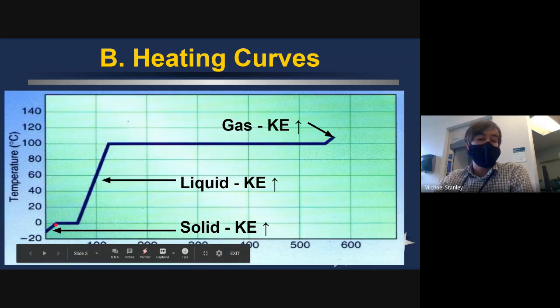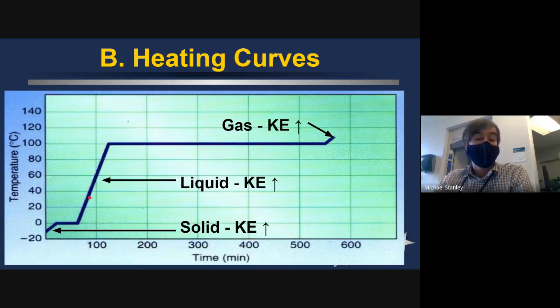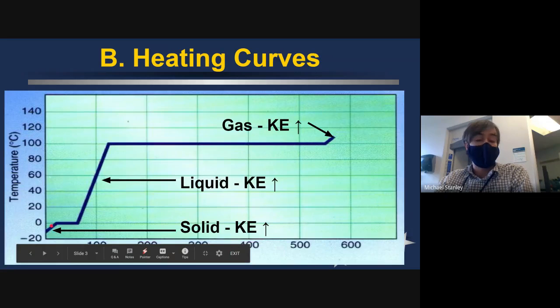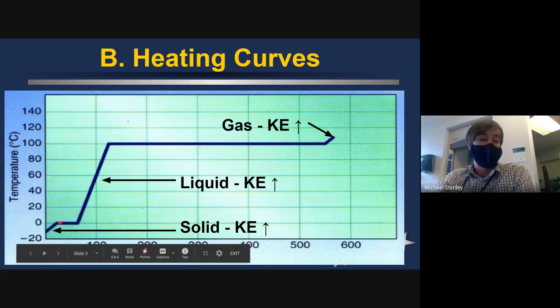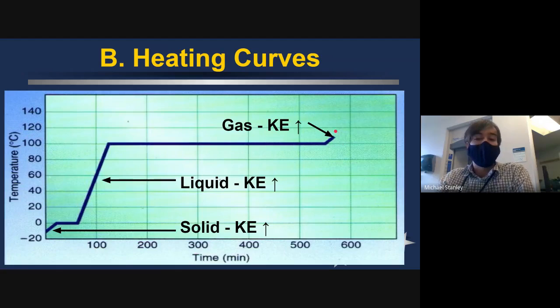So when we have these areas of the heating curve where the temperature is going up, it just means that we have a particular state of matter, either a solid, a liquid, or a gas, that is increasing in temperature over time. So either the ice is getting hotter, or the water is getting hotter, or the water vapor is getting hotter.